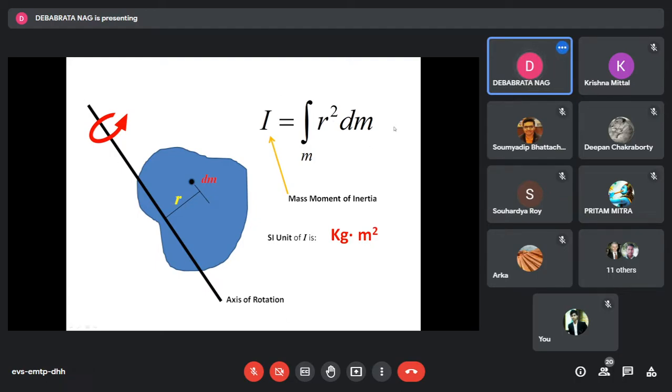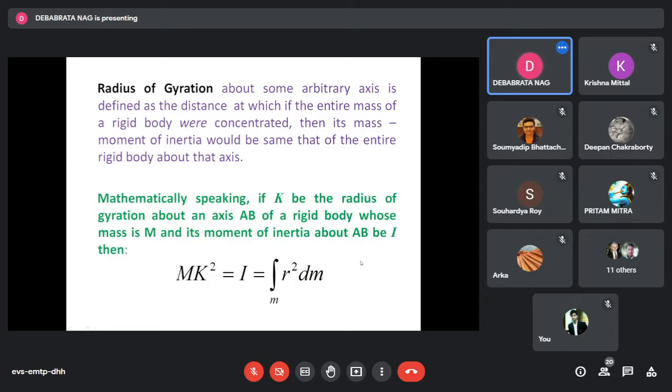This is the definition: I is equal to the integration over the entire mass of r square dm, and its SI unit is obviously kg meter square, because mass is in kg and r is in meter. Sometimes it is expressed in kg millimeter square also, but the actual unit is kg meter square.